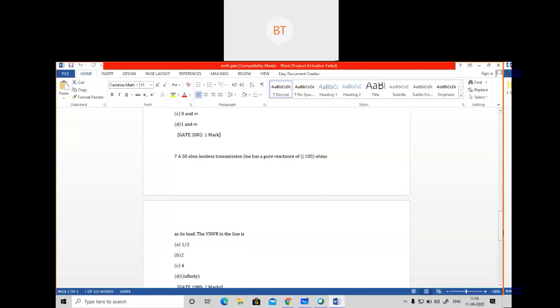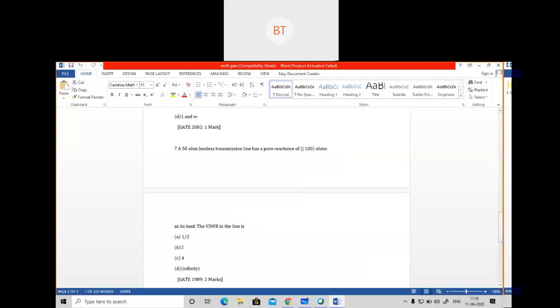A 50 ohm lossless transmission line has a pure reactance of j100 ohms as its load, and they are asking you to calculate the VSWR. So please tell me. This is a 2 mark problem, and if you think this is not as simple as the earlier problem, please tell me the answer.